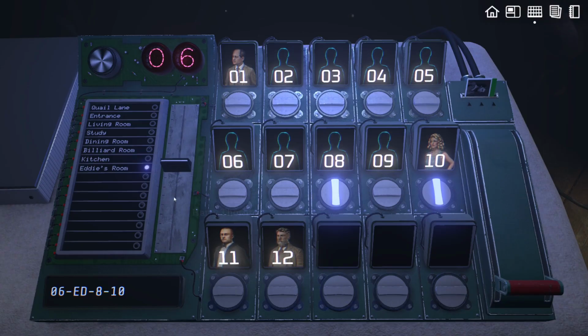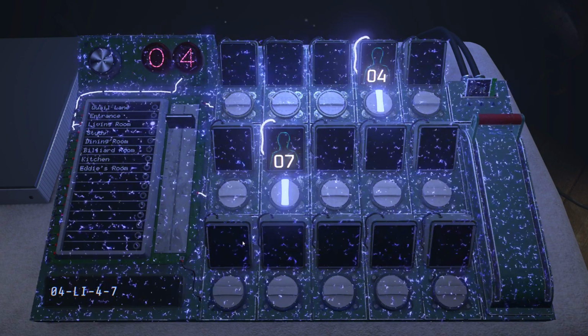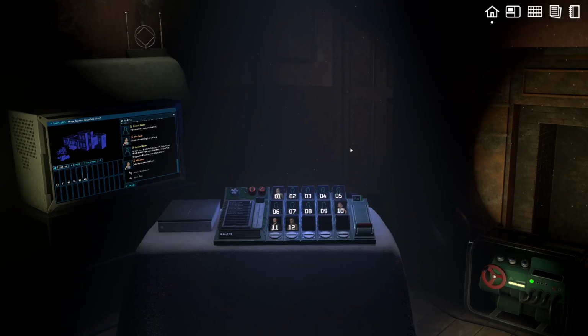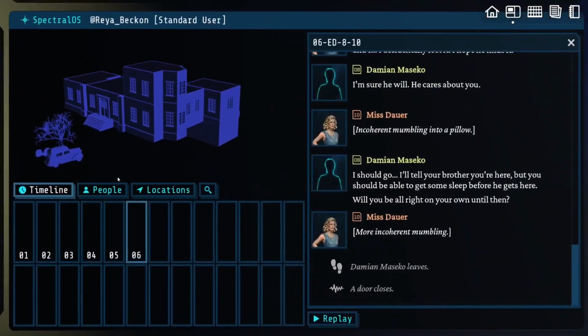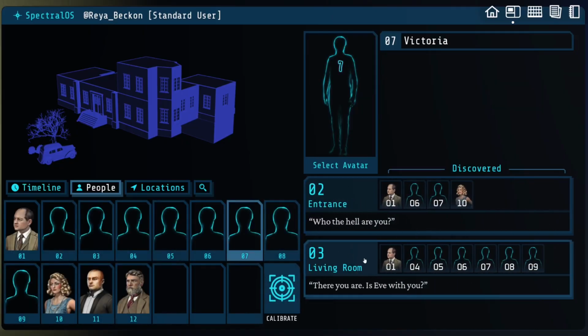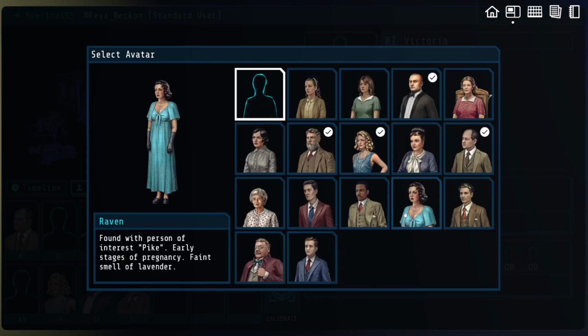Yeah, we don't know where Vic and Tony went after we left the living room. Like, did they stay there? Okay, maybe somebody came in. Also, I was thinking, and I think we can know what Victoria looks like, because she is found with person of interest Pike.